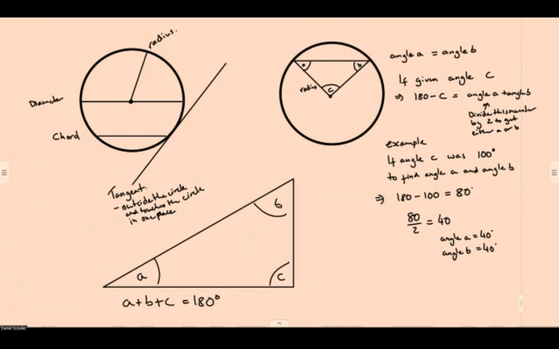If we've got two lines coming from the centre to meet where a chord is touching the outside edges of a circle, those angles A and B that I've referenced will be the same.